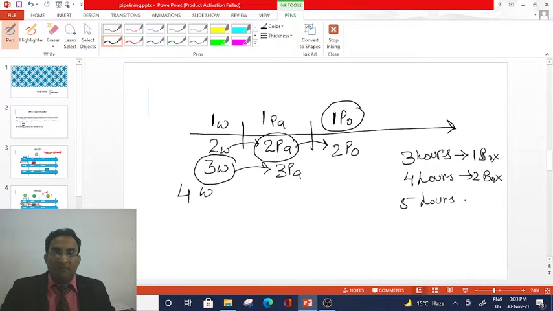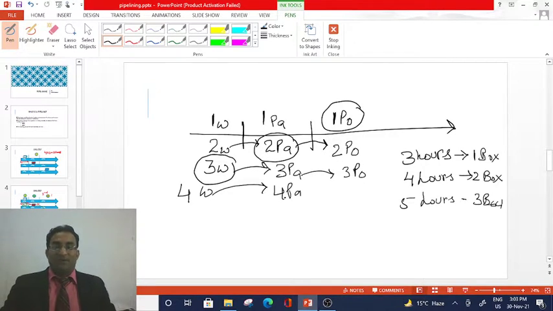When this fifth hour is completed, the third box will be completed, and at the same time painting of the fourth box will begin when the polishing of the third box is going on. So in the 6th hour, this fourth box will be completed.